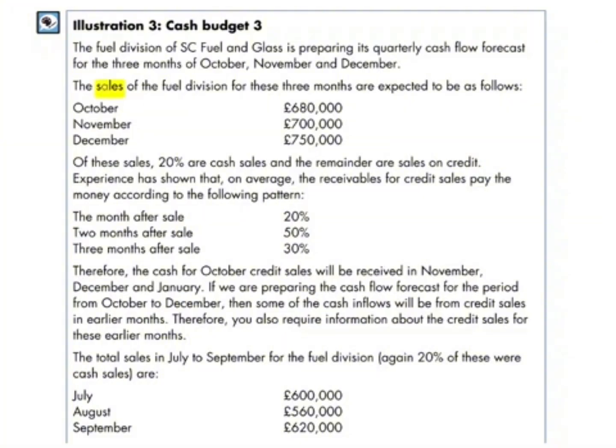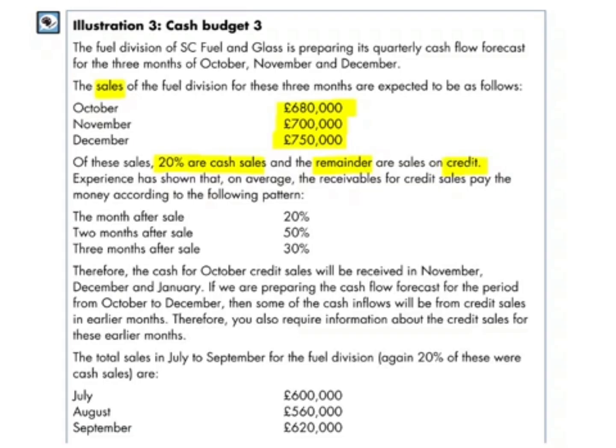Sales of the division are expected to be £680,000 in October, £700,000 in November and £750,000 in December. We expect that 20% of those sales are cash sales, meaning that the cash is received as the sale is made, so it's received immediately, with the remainder being credit sales.